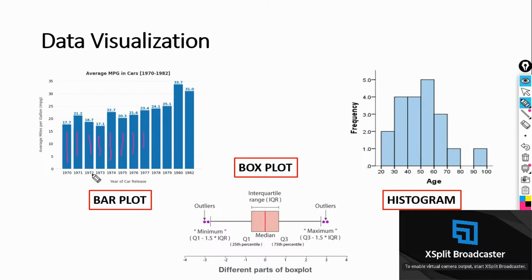This is related to an automobile company. Depending on the year, they have released cars with an average MPG, miles per gallon, nothing but mileage, which you are seeing on the y-axis. So bar plot is a plot in which the data is represented using vertical bars.